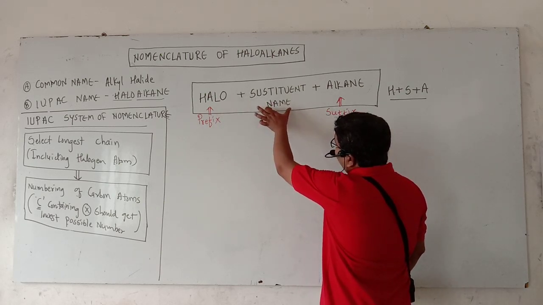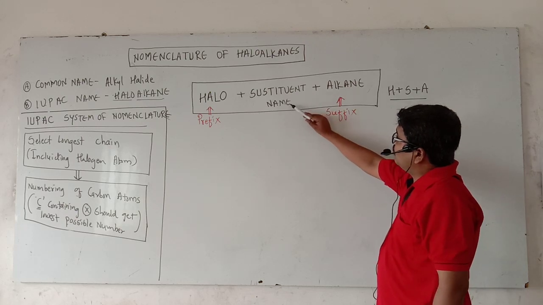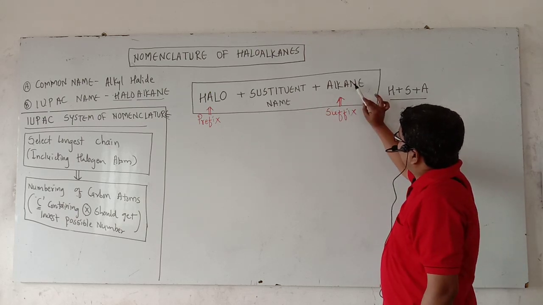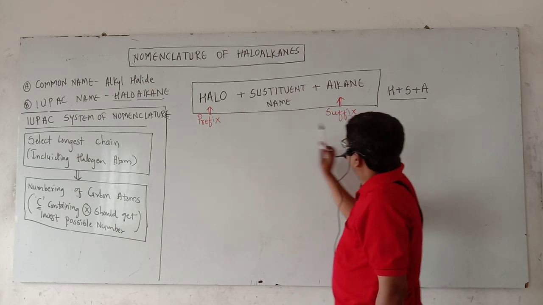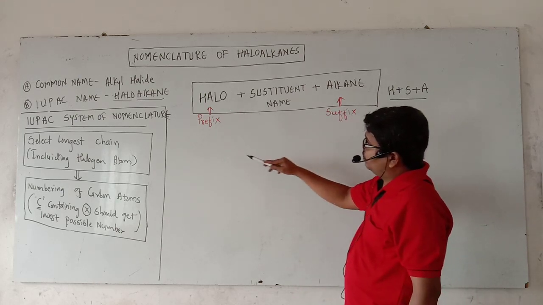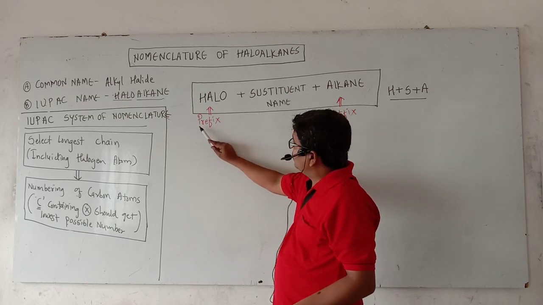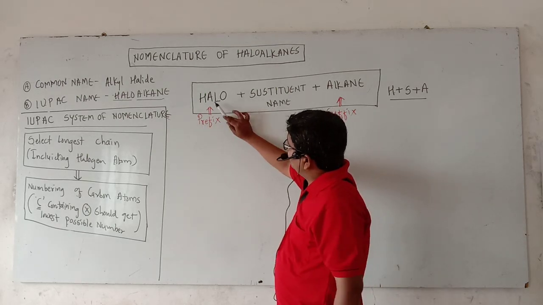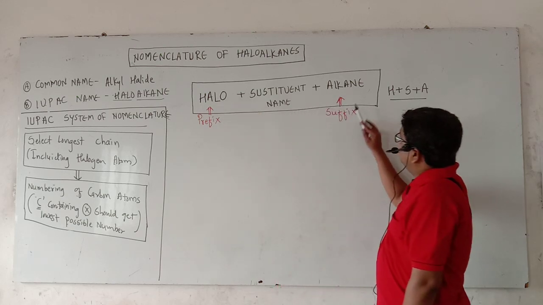Then you will write the name of the substituent if it is there. And after writing the name of the substituent, you will write the name of the alkane. So the prefix will be halo and the suffix will be alkane. What is prefix? Pre means first, so prefix means which we write first. So what do we write first? Halo. And the suffix will be alkane.